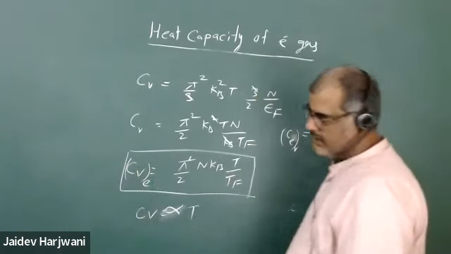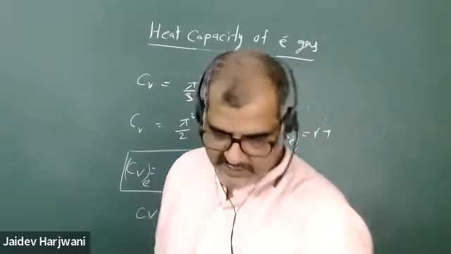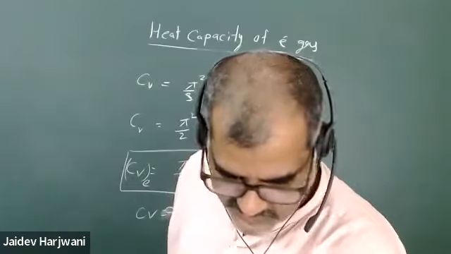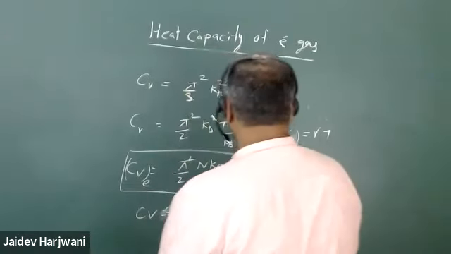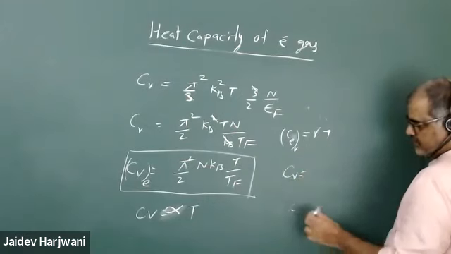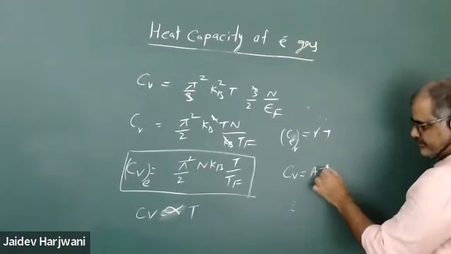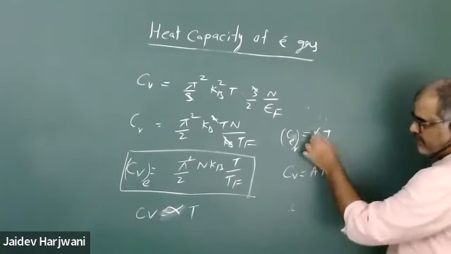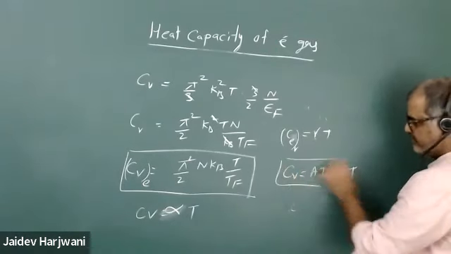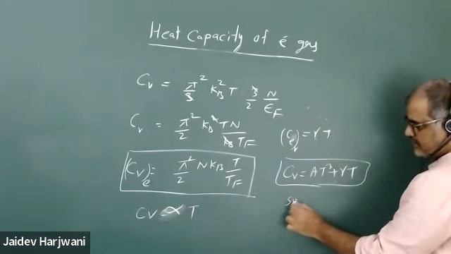Now we know the total specific heat has a phonon contribution also. So if I want to write the specific heat for a metal, I know this is AT cube, plus gamma T, or B, whatever you want to write. So this is the specific heat of metals, or solids.